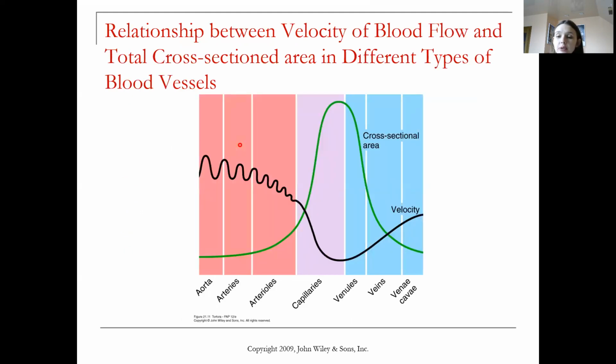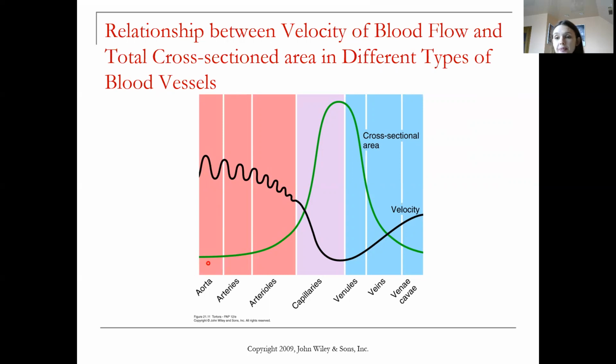In this slide, we have presented the relation between velocity of blood flow and the total cross-sectional area in different types of blood vessels. We could see that the cross-sectional area in the aorta and arteries will be small, but the velocity of blood flow will be higher.